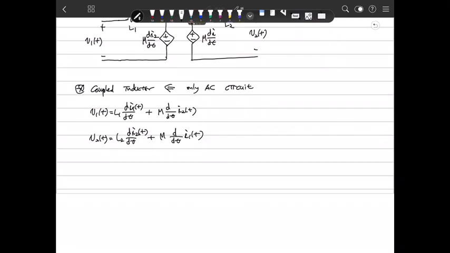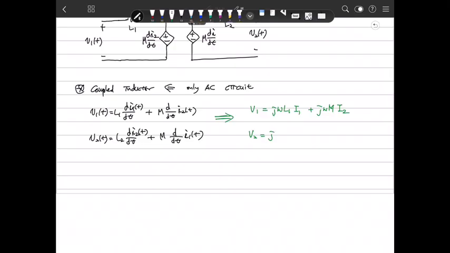Then we can change this term with a phasor. When V1, V2, I1, and I2 are sinusoidal, we can rewrite it here. V1 is, because L is the impedance, jωL1 I1 plus jωM I2.